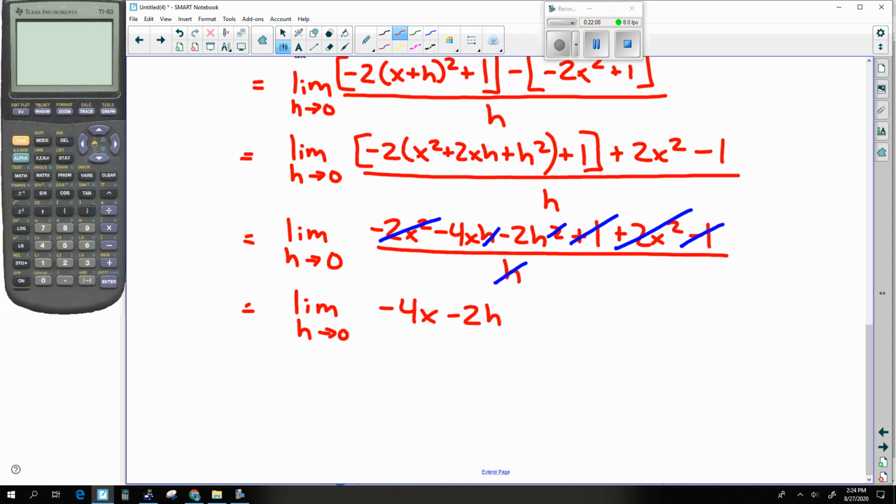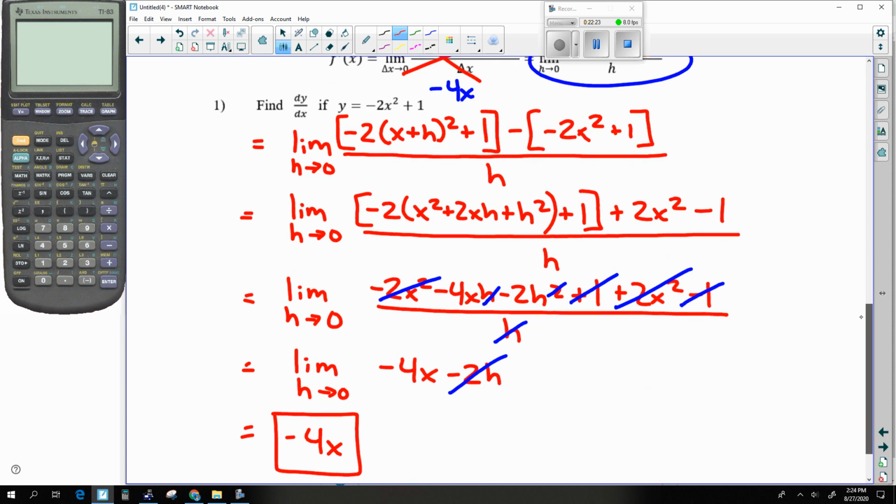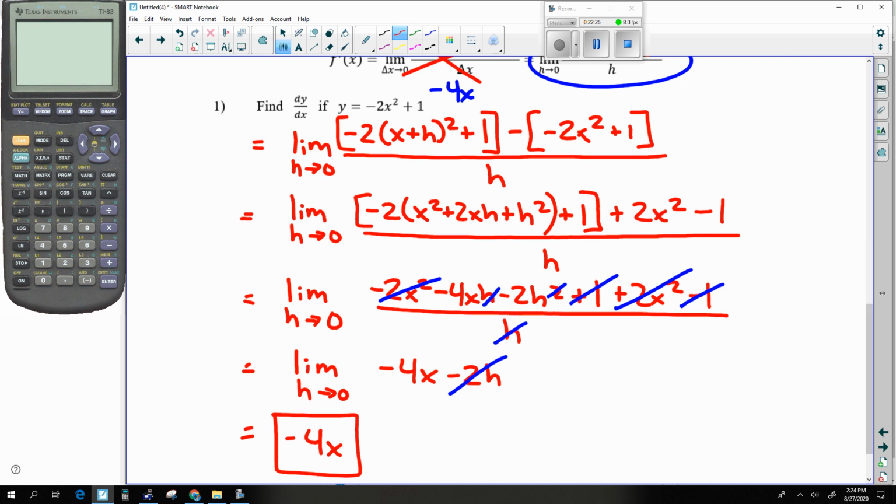So if h goes to 0, this is equal to negative 4x, which is exactly what the derivative should be. Just big algebra. I think that was the last problem.